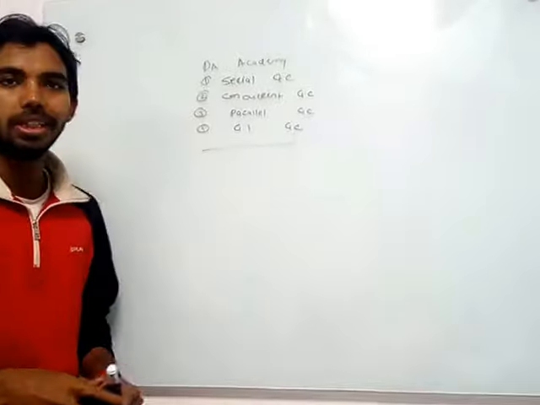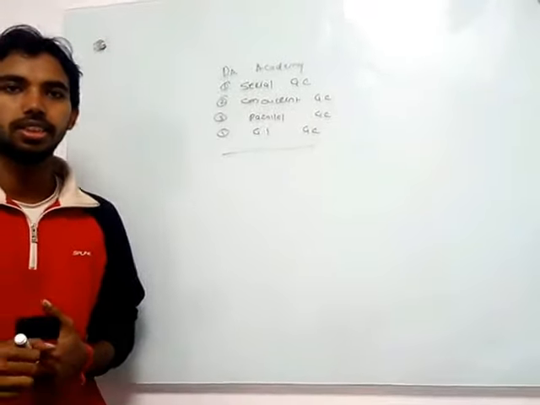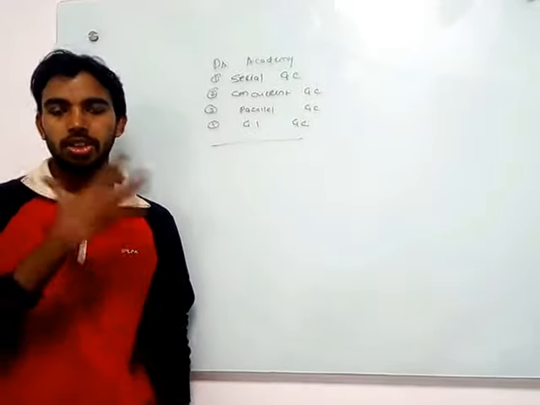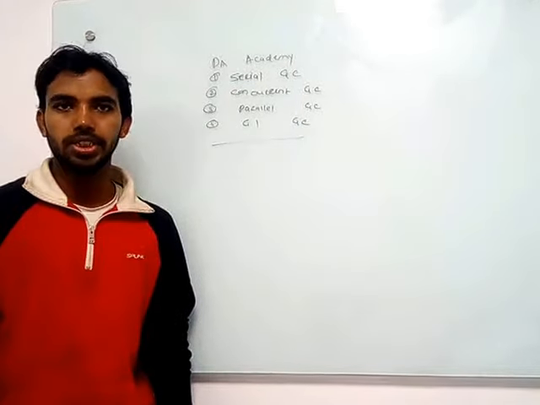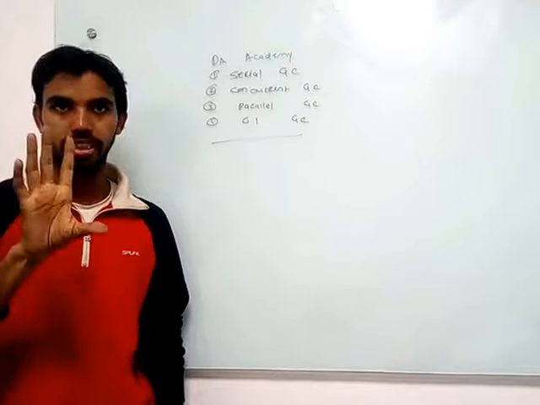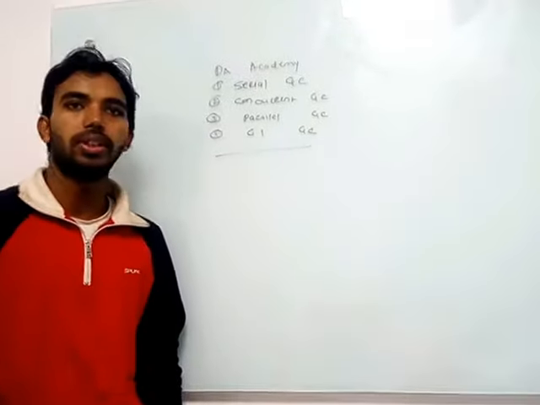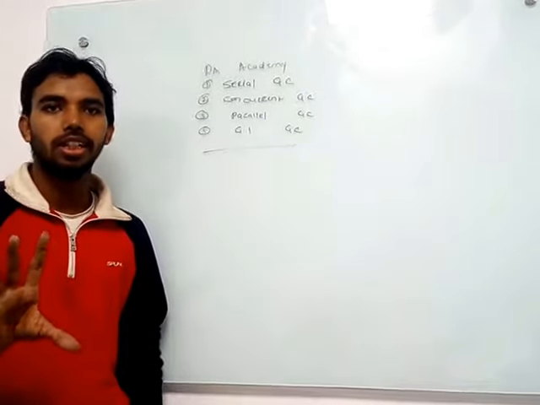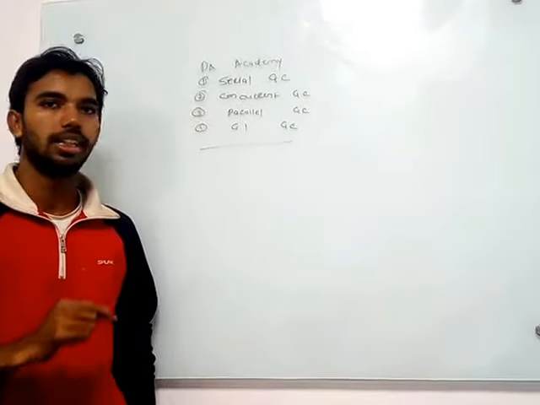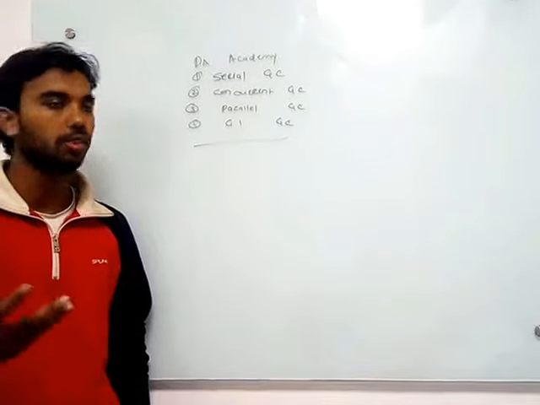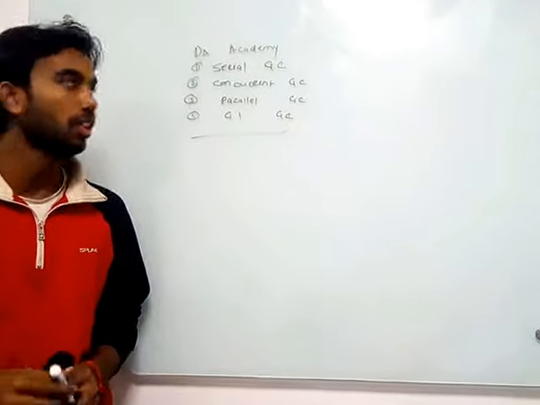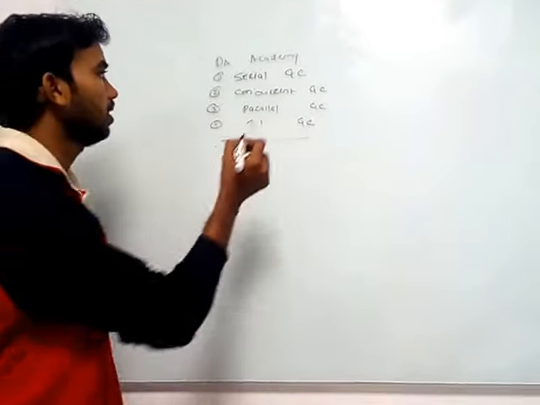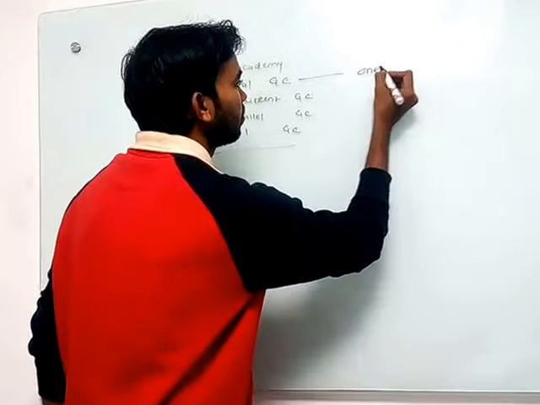What will happen in serial garbage collection? In serial garbage collection, moving objects from one space to the second space happens with only one single thread. So wherever you have an application which is using only one thread, at that time we use serial garbage collection.